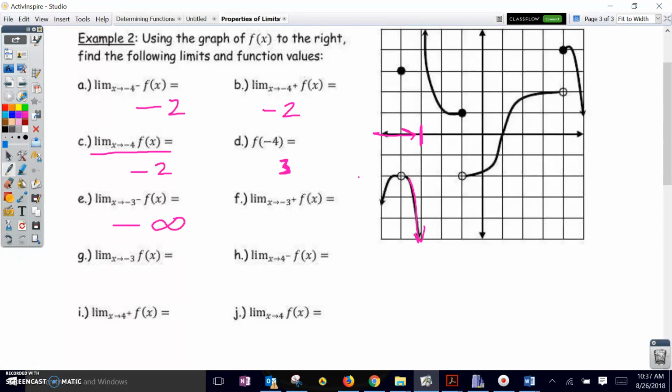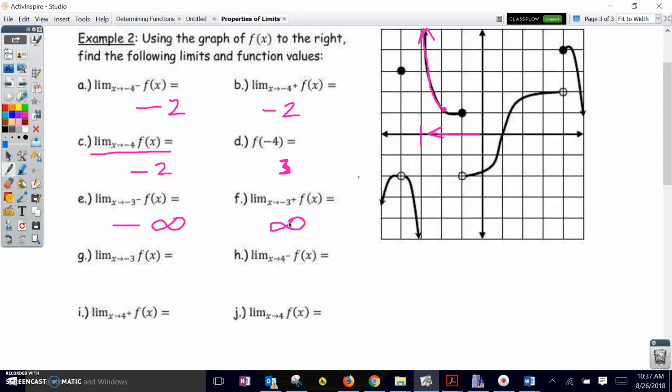Then we're doing the same thing from the right this time. We're approaching negative 3 from the right. So we want to get on this graph to the right of x equals negative 3 and walk along the graph towards negative 3. And there it's getting closer and closer to positive infinity.